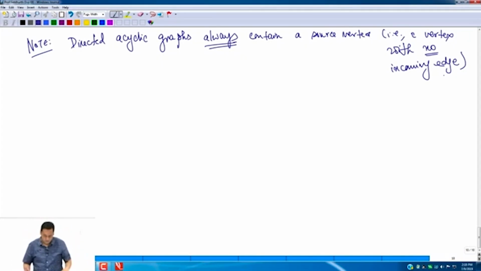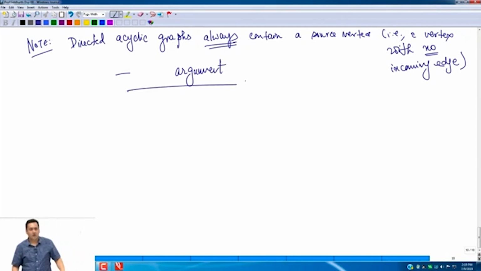What's the argument? This is a 4-letter word I am looking for. And we have seen it in Sperner's lemma. Perfect. It's a path argument.